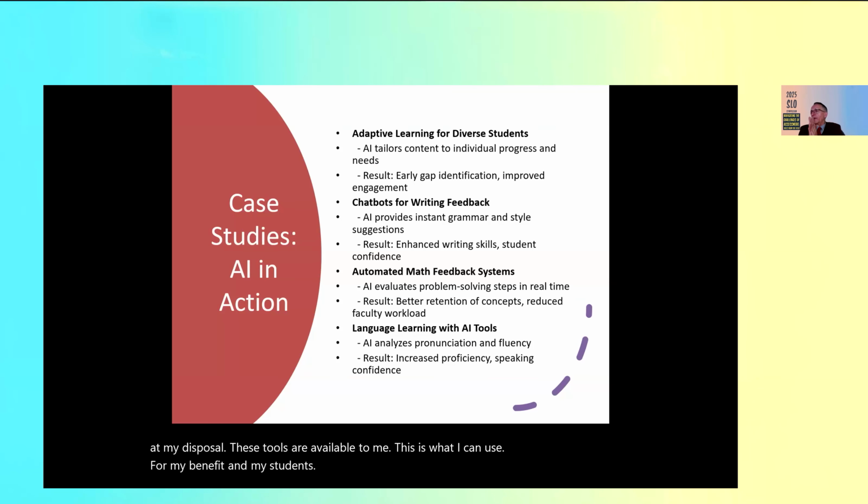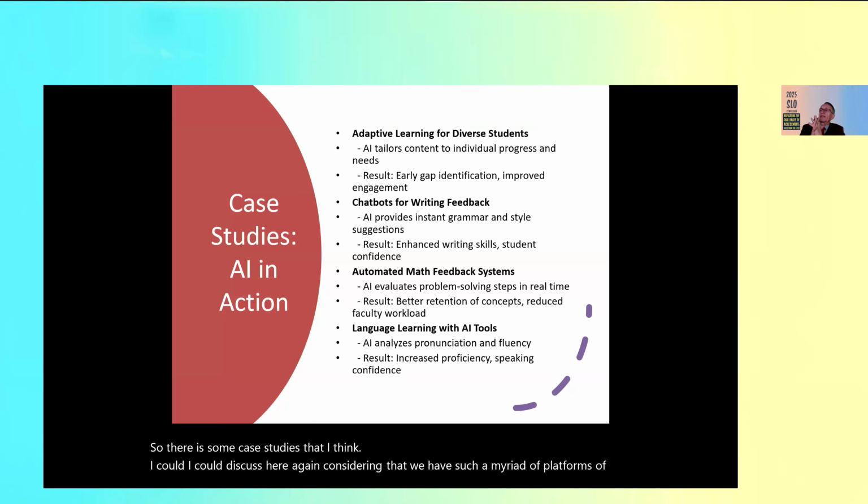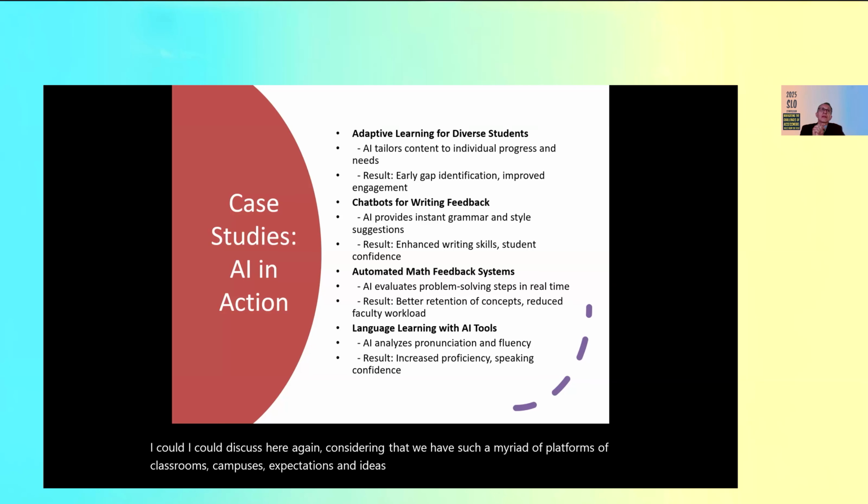So there are some case studies that I could discuss here, considering that we have such a myriad of platforms, classrooms, campuses, expectations, and ideas about how AI can help us address teaching and learning on our campuses.